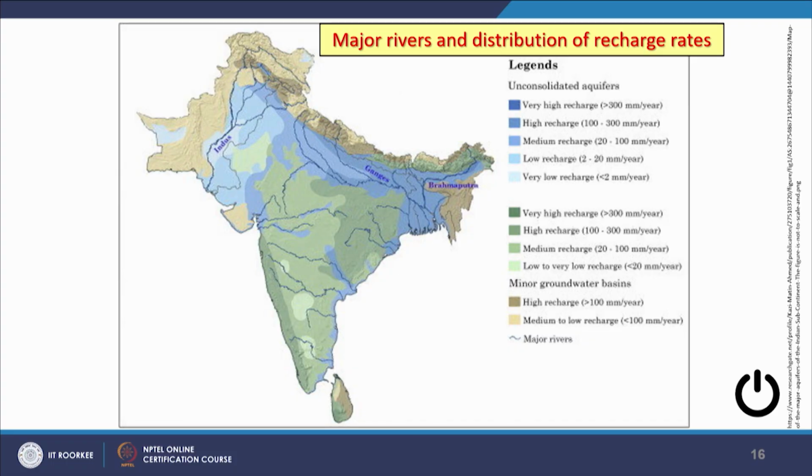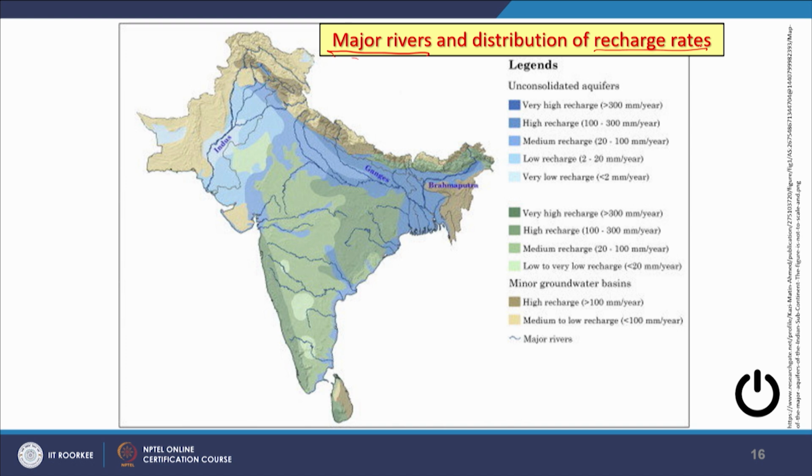Anyway, lastly in this discussion we will see that rivers are a source of water. Some are perennial rivers and there are thousands and thousands of ephemeral rivers, that means seasonal rivers. In this particular map only major perennial rivers are shown, along with the distribution of recharge rates.